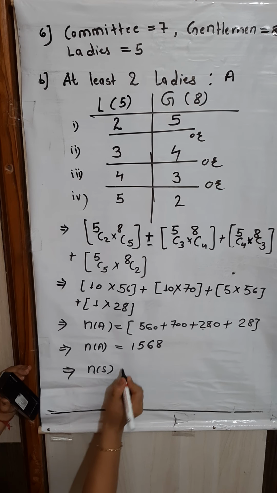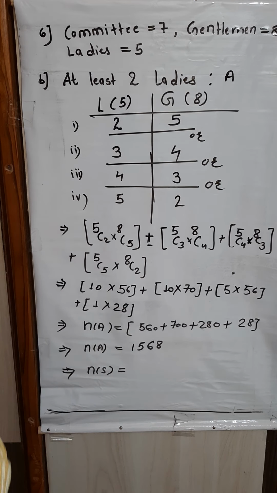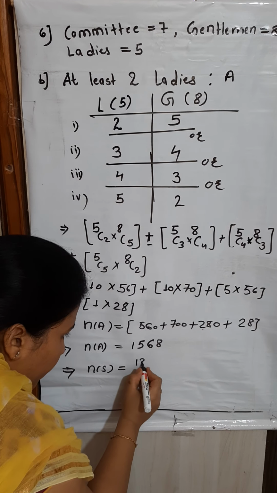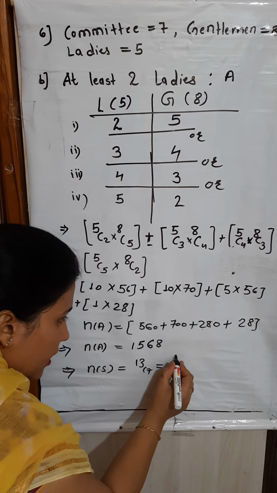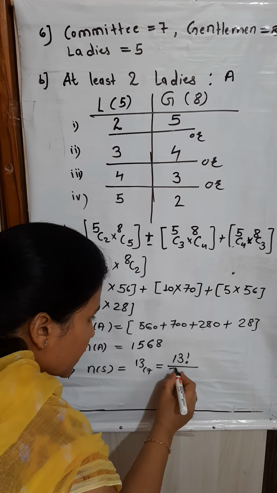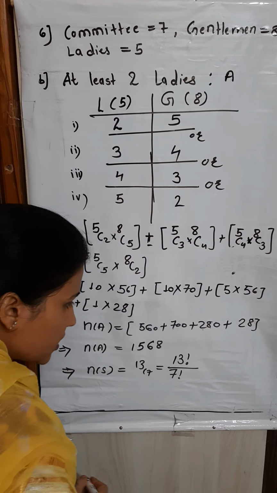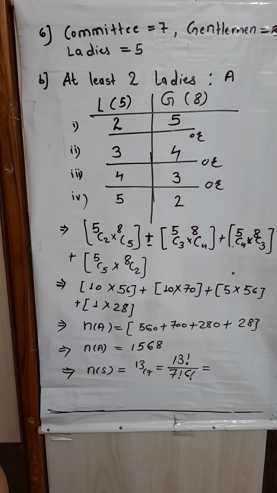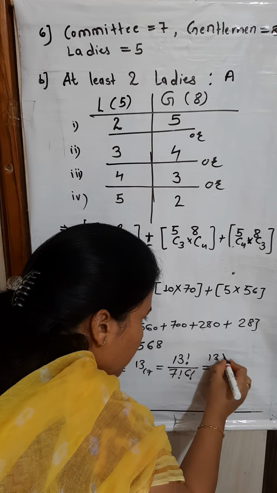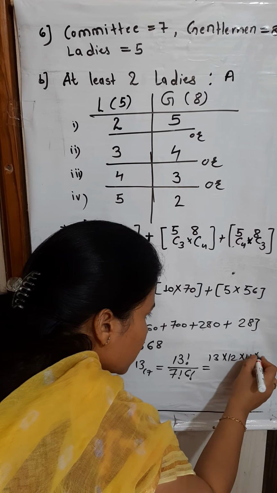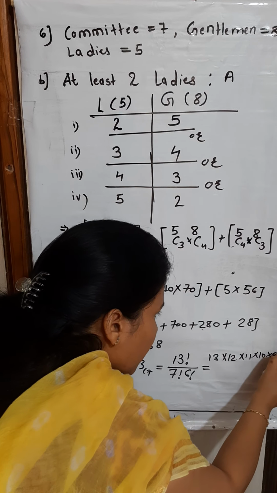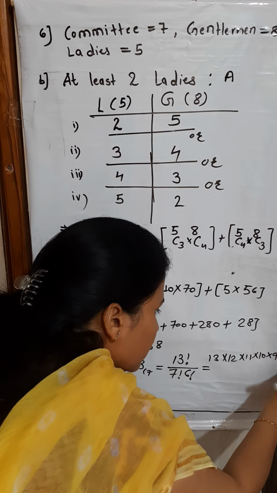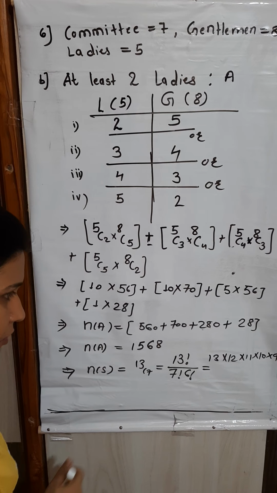Now, what is n of S? n of S means we have a total of 5 plus 8, 13 members. Now, from 13 we need to select 7. So 13C7 will be what? 13C7 will be 13 factorial divided by 7 factorial into (13 minus 7) factorial, 6 factorial. So if we cancel 7 factorial from 13 factorial, what is remaining? 13 into 12 into 11 into 10 into 9 into 8, because 7 factorial will cancel with 7 factorial.